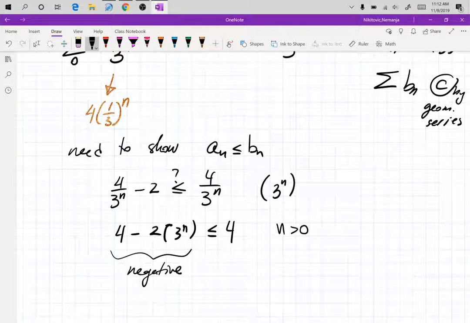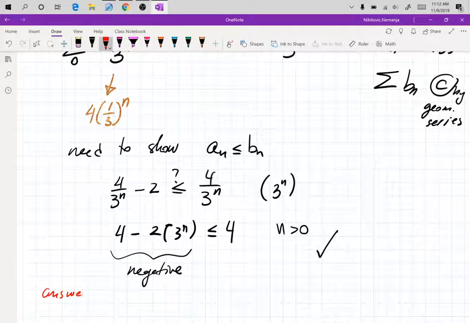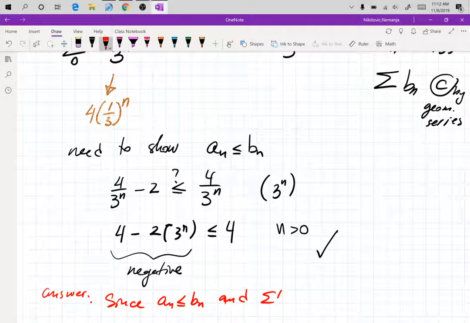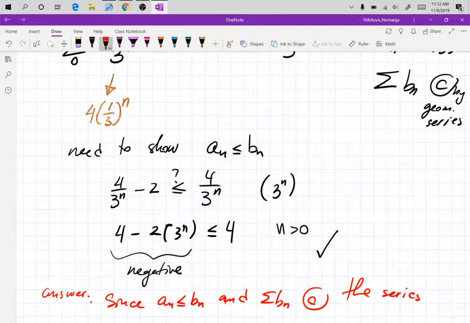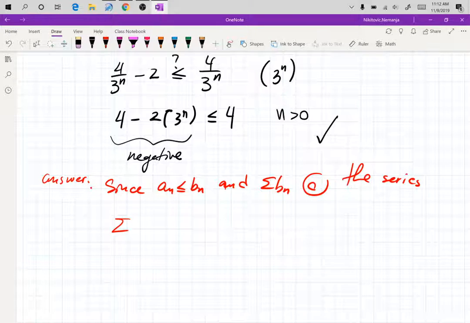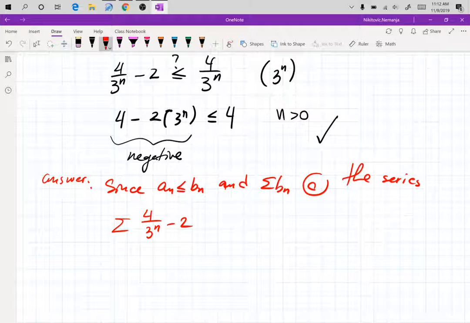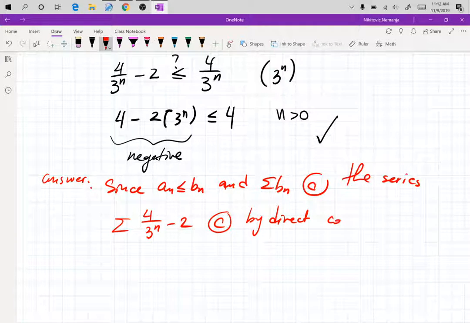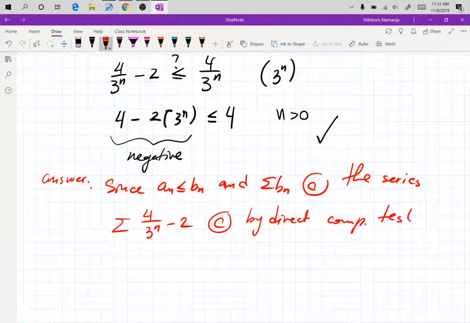So it holds, and then as the answer, we say: since an is smaller or equal than bn, and summation bn converges, the series summation of 4 over 3 to the n minus 2 converges by direct comparison test.